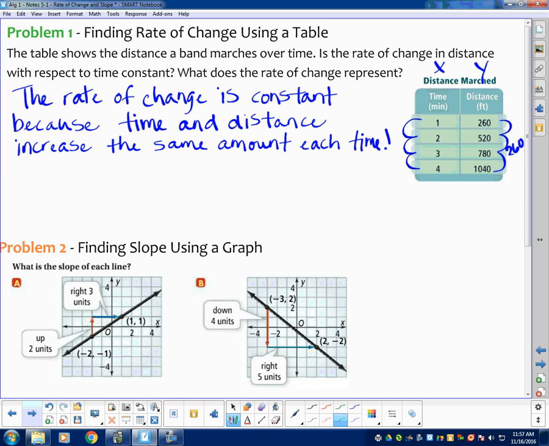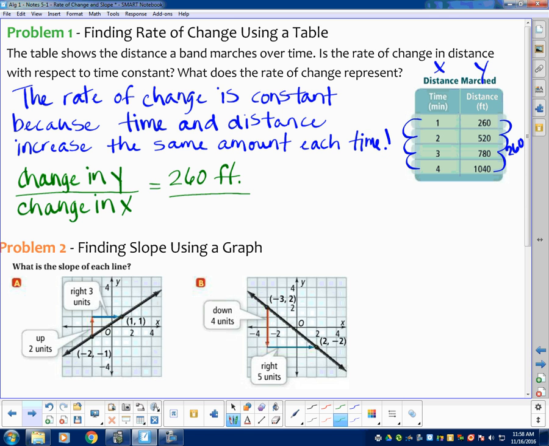Okay, so how could we use our slope formula, change in y over the change in x? How can we use our chart information to come up with some sort of a slope or a rate of change? How much is the y changing each time? Remember, the y is over here. How much is it going up each time? 260 feet.